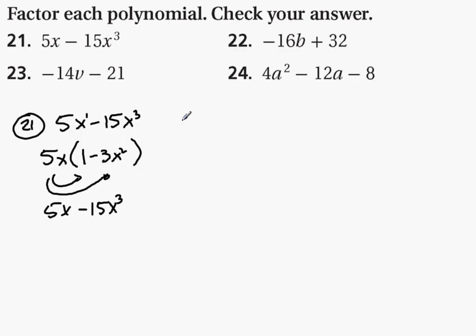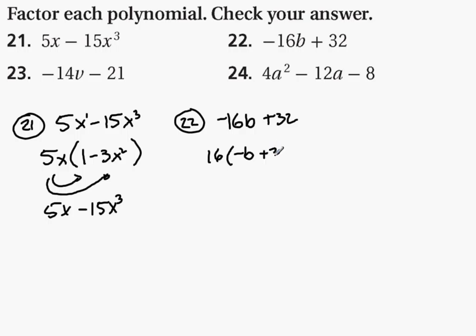Heading to 22. Here I have negative 16b plus 32. Now again, I asked myself, what is the biggest number that will fit into 16 and 32 evenly? And hopefully you're going to tell me 16. Leaving me with a negative b, and then 16 times what is 32?